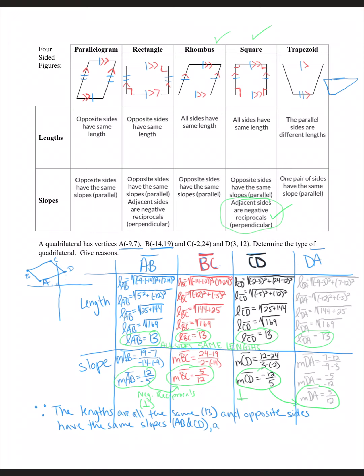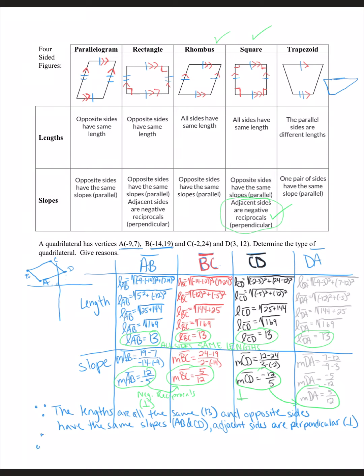And then we also know adjacent sides are perpendicular. Right, and we can just show it with that math symbol.